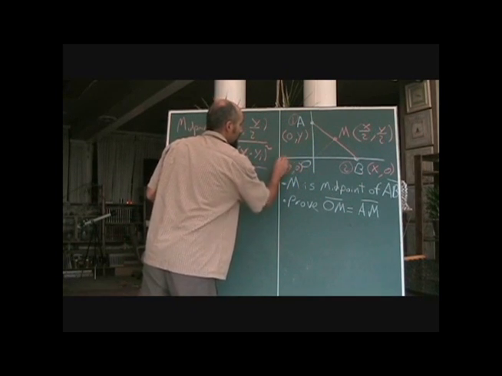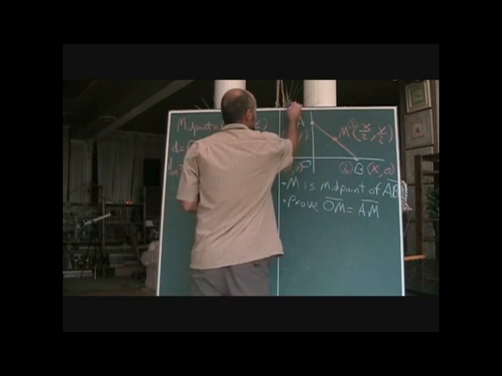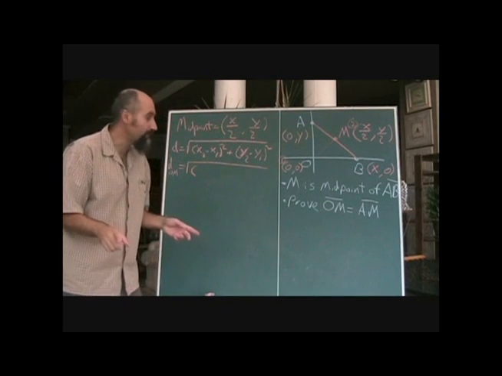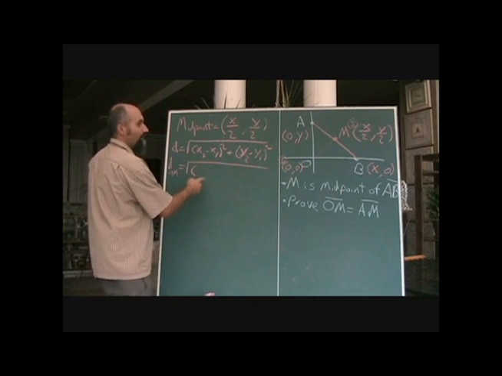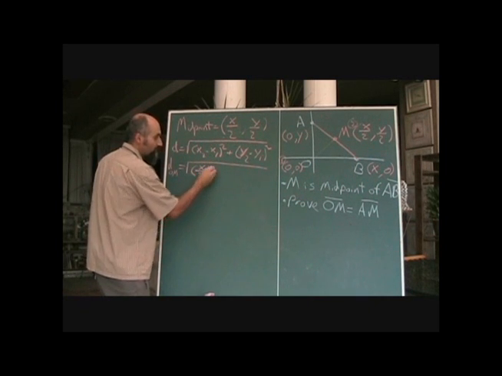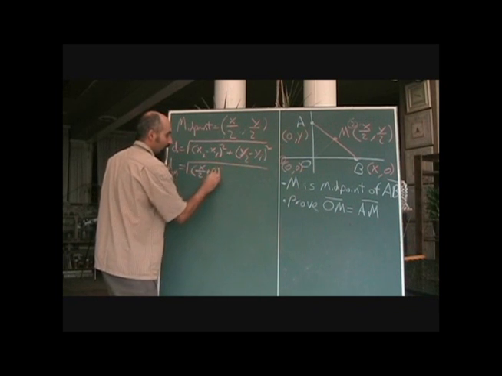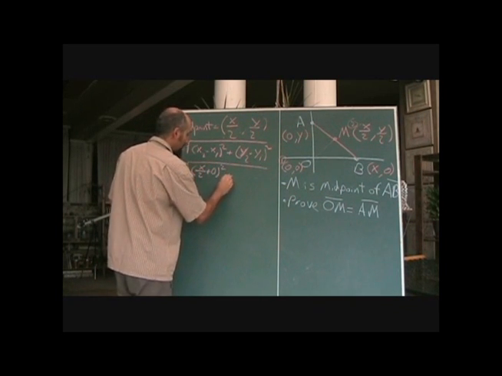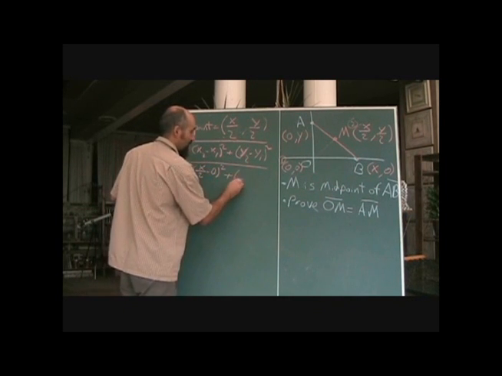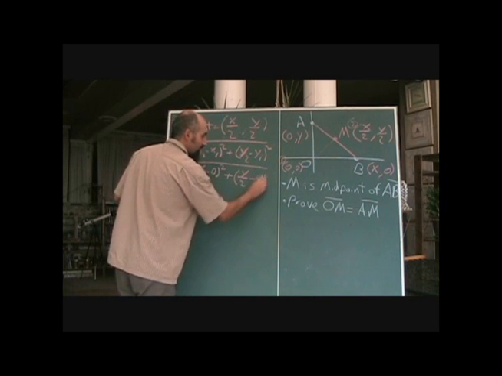Let's decide this to be our first point and this to be our second point. Because we've moved on, let's take these down since they're no longer our first and second points. So x2 is x over 2 minus 0, because that's our x1, squared, plus, this is y2, which is y over 2, minus 0, squared.